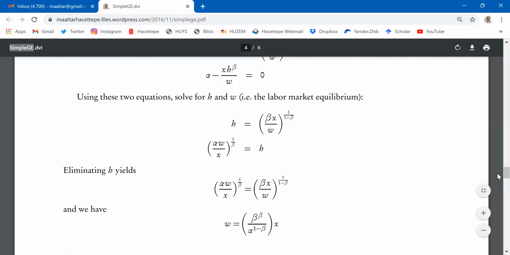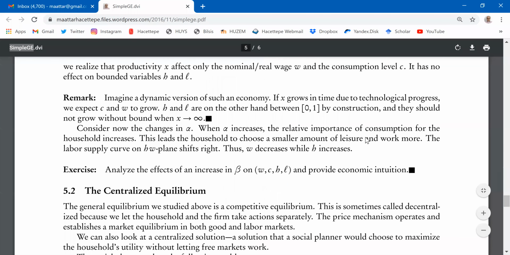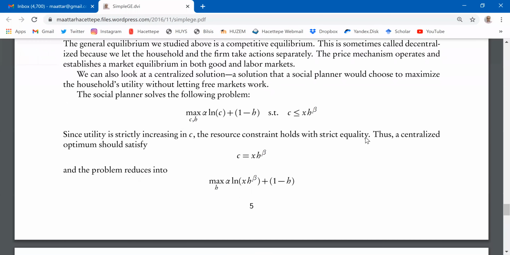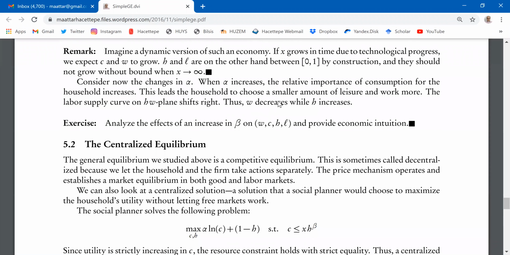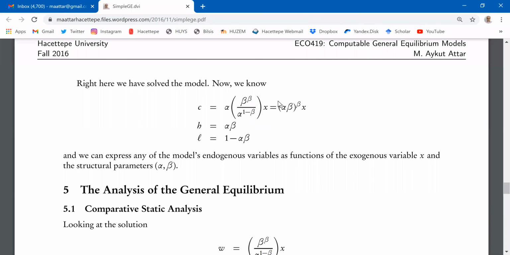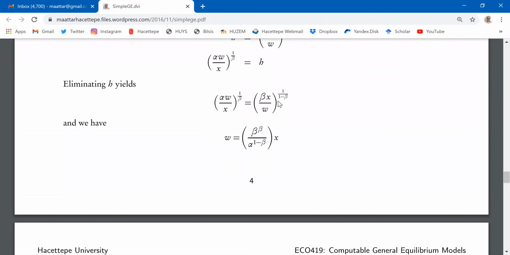So if you solve this equation, you're going to have this. So wage depends on three things. First, it depends on productivity.